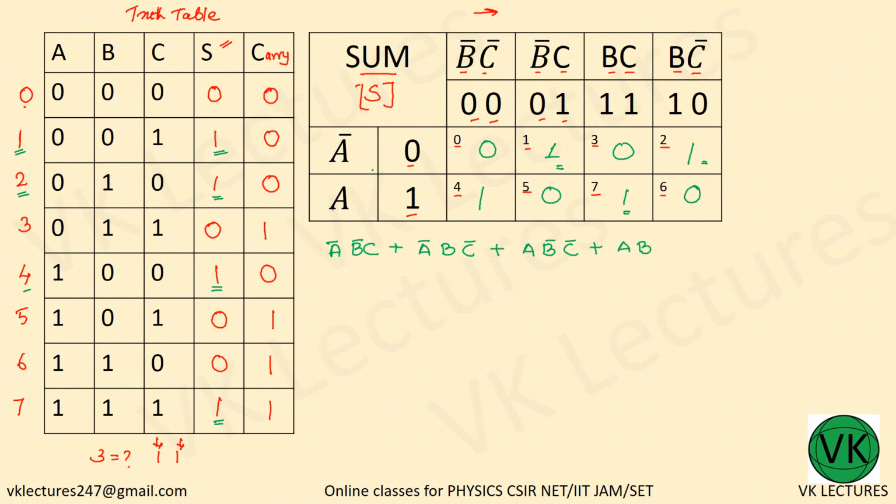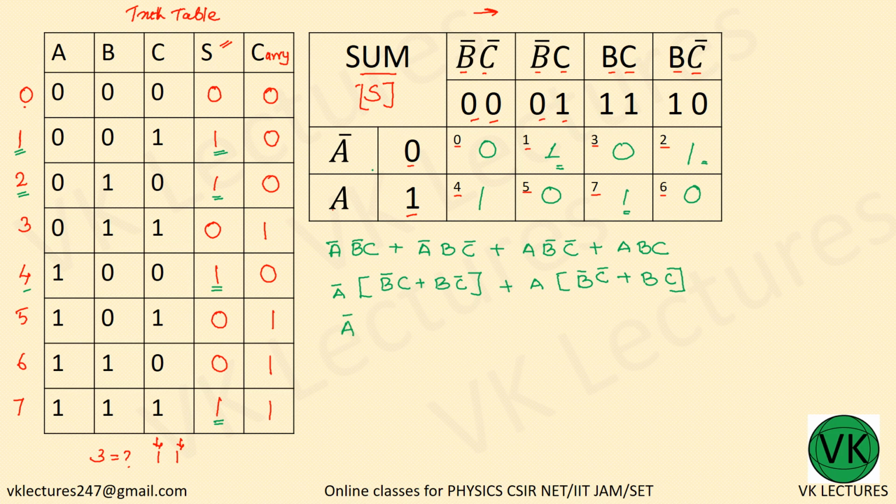Now let us look into this. You have A bar common. When you take A bar common, you have B bar C plus B C bar. Now plus again you have A common here, which leaves us with B C bar plus B C. Now this is A bar, and what about this?